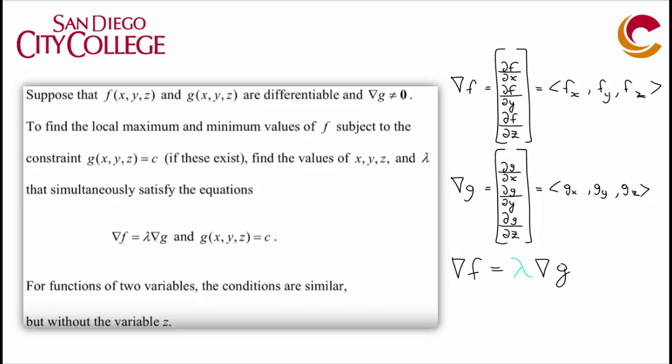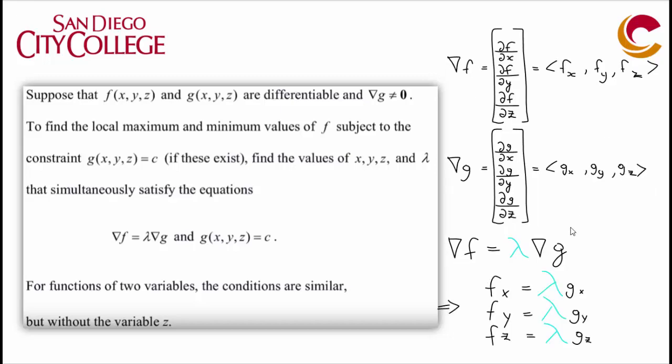Now to solve the equation, gradient f equals lambda gradient g, we set up the equations. Partial derivative of f with respect to x equals lambda times partial derivative of g with respect to x. And then the second equation, partial derivative of f with respect to y equals lambda times partial derivative of g with respect to y.